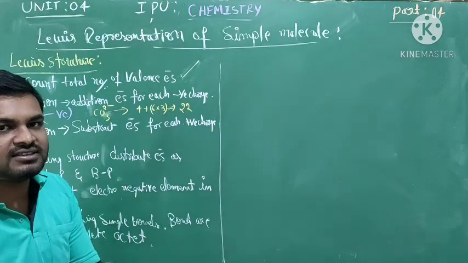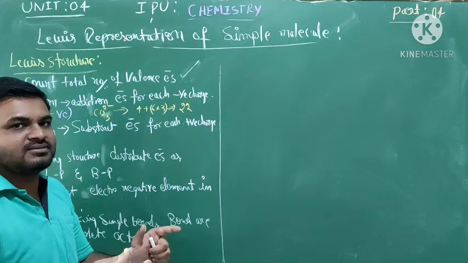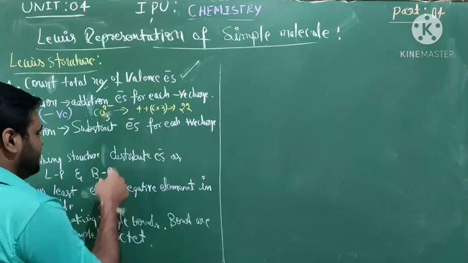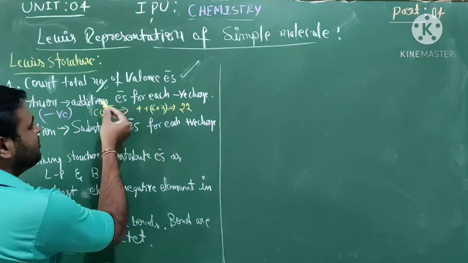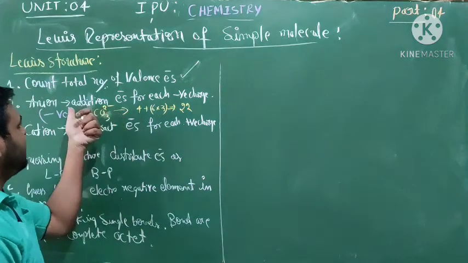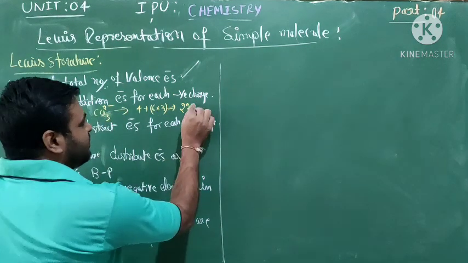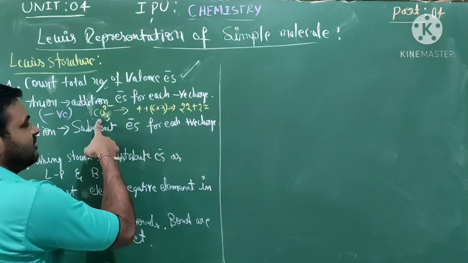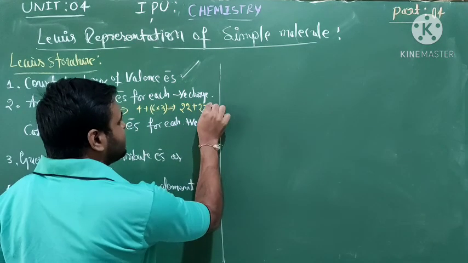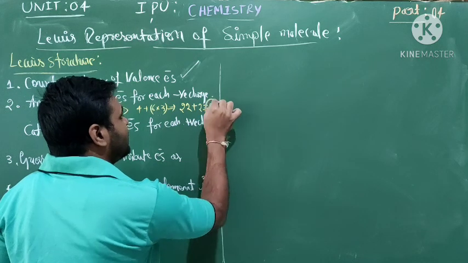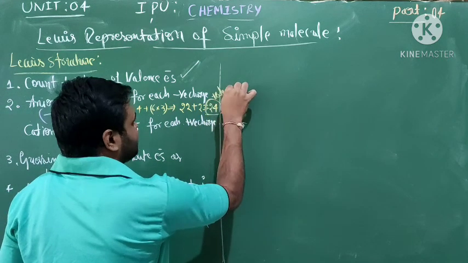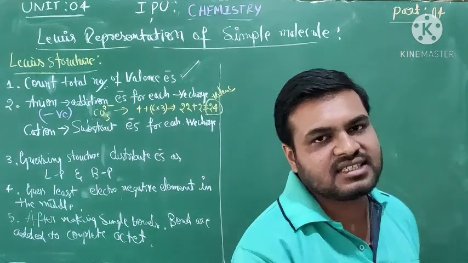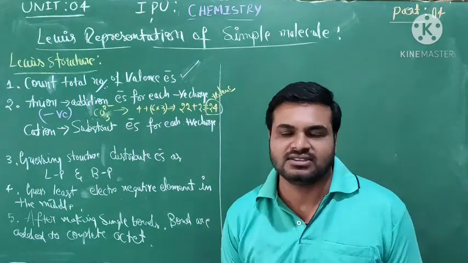Actually 22 electrons in a neutral molecule. Neutral means there is no charge. But here there is a charge. How much charge? 2 minus. 2 minus means addition of 2 electrons, plus 2. The total for this ion is 24 valence electrons. Clear? Minus indicates addition of that number of electrons.